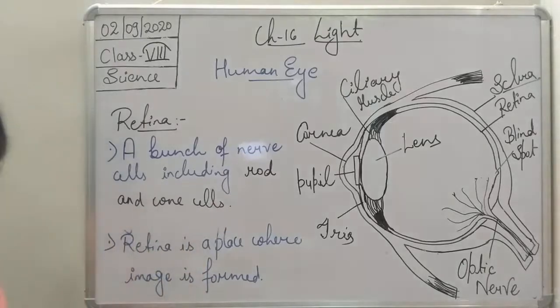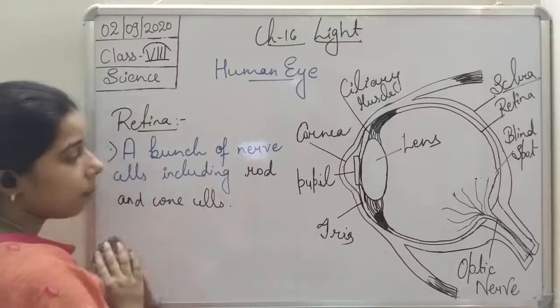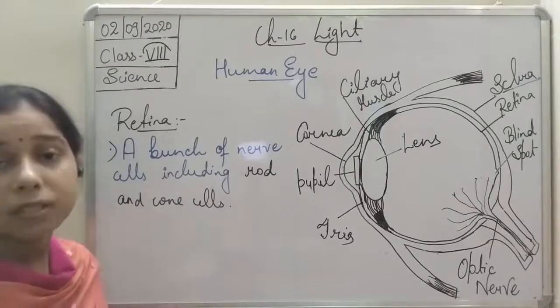Okay, so two different types of cells are present here. Now, what is the role of these rod cells and cone cells, students? So these rod cells are very sensitive towards the intensity of the light.